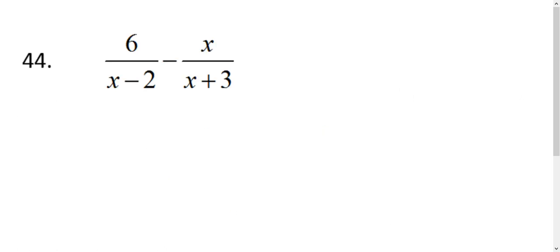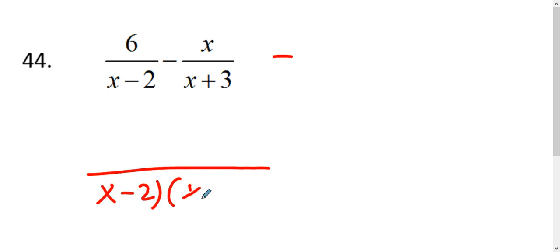Here's another one. We need common denominators. It's not as simple because these aren't even close. So instead, we need to get a common denominator by multiplying basically by each other. The common denominator is going to be x minus 2 times x plus 3.